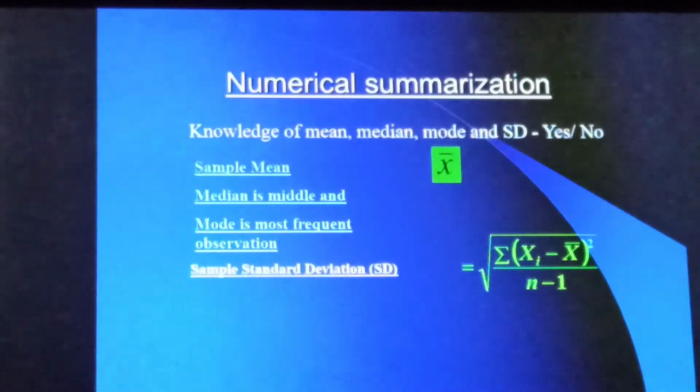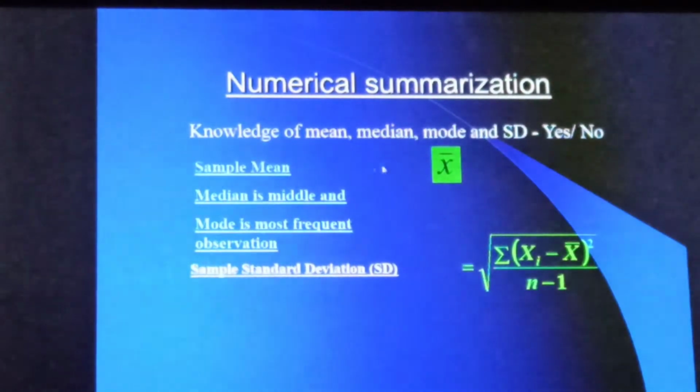Mean is the simple arithmetic mean, sum of observations divided by the number, denoted as x bar. Median is the middle observation, mode is the most frequent observation, and standard deviation is the spread of observations.